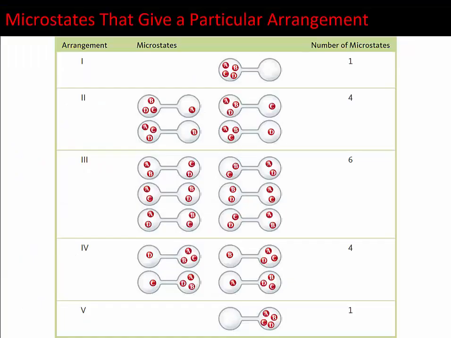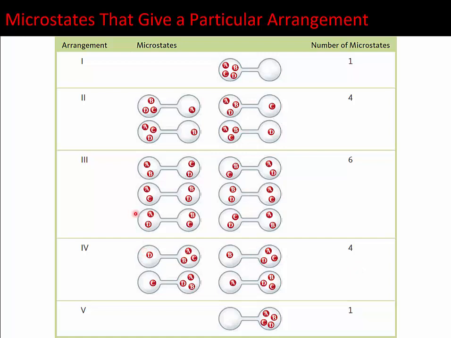If we do a smaller number, and we look at actually writing out the possible number of microstates, having them all on the left-hand side, I've only got one possible combination where they're all on the left-hand side. I've got 4 combinations where I can have 1 on the right and 3 on the left. I can have only 1 combination where they're all on the right, and 4 combinations where they're 3 on the right and 1 on the left.